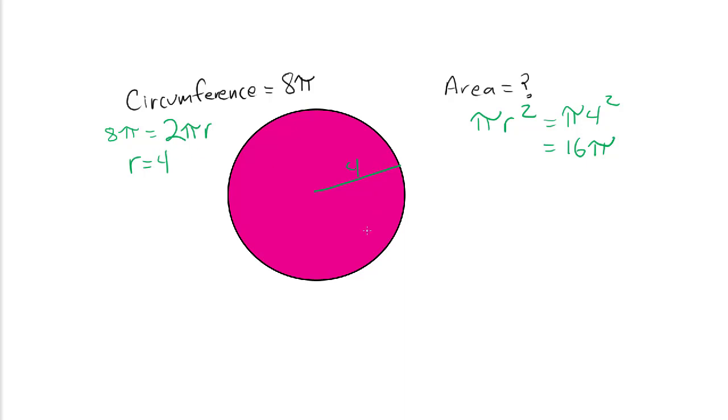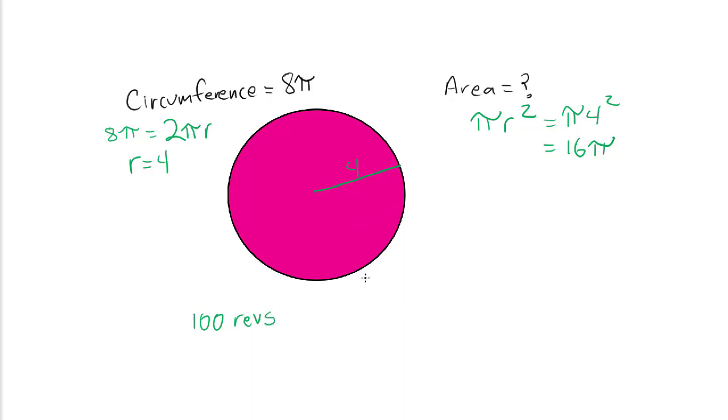Another typical application you want to understand in word problems, etc., is how a circle or a wheel would roll. For example, let's take my circle or wheel of radius 4, and if I rolled it 100 revolutions, how far would I travel? How many units of distance?